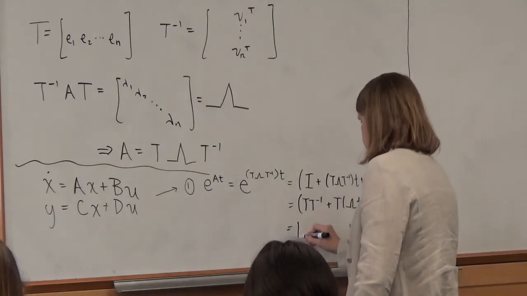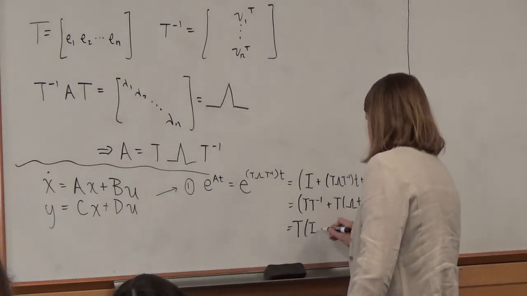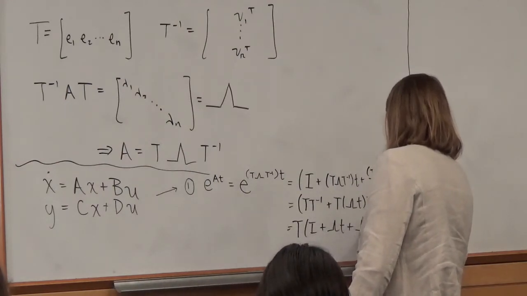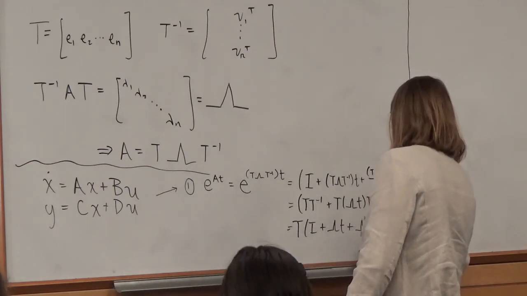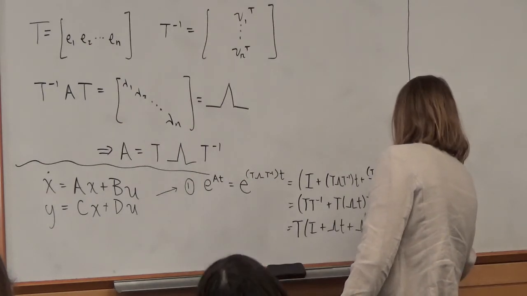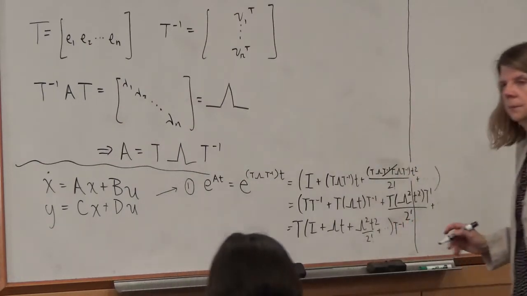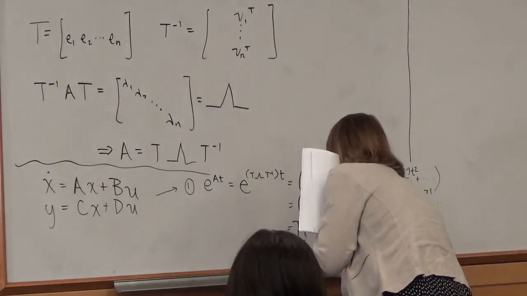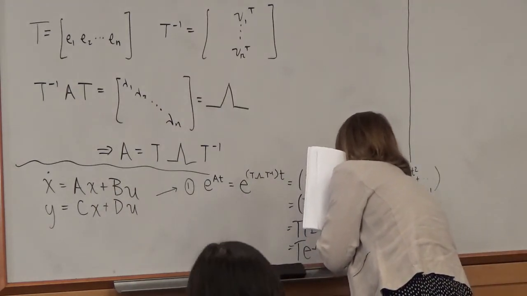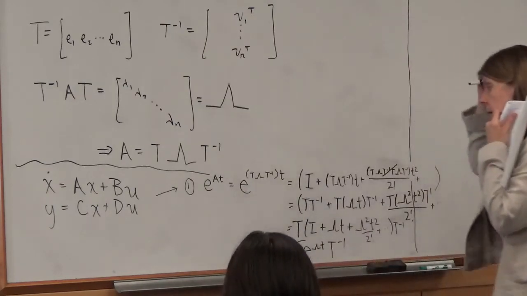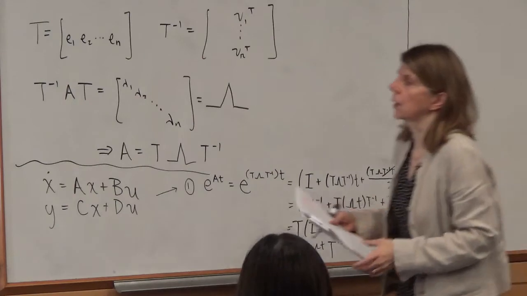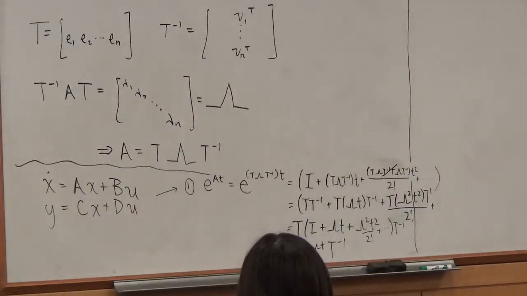So that's equal to T times I plus lambda t plus lambda squared t squared over 2 factorial plus dot dot dot, post multiplied by T inverse, which is T e to the lambda t T inverse.